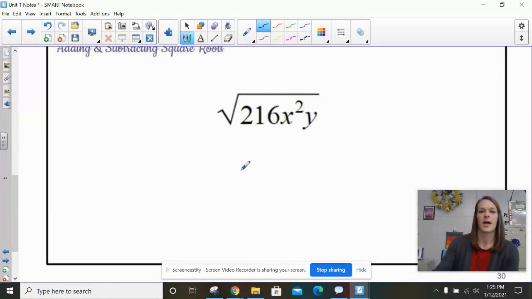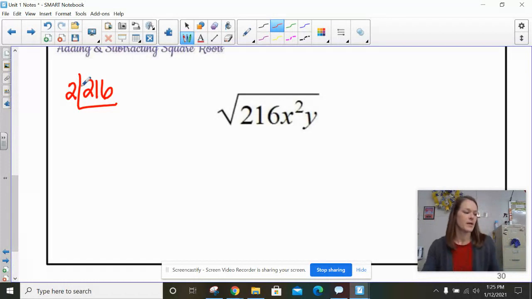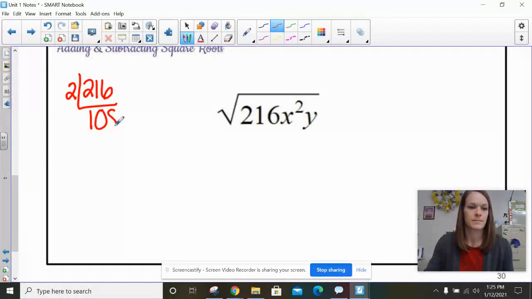All right, so I have the square root of 216 x squared y. First thing I'm going to do is simplify 216. I know I can divide it by 2. That's 108. I can divide that by 2 again and get 54.